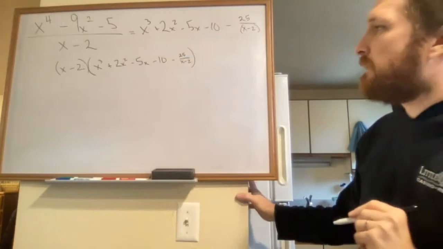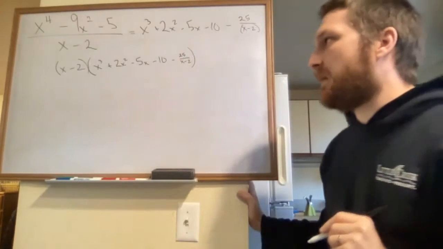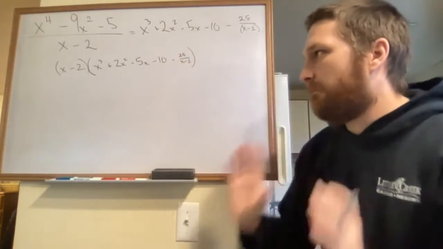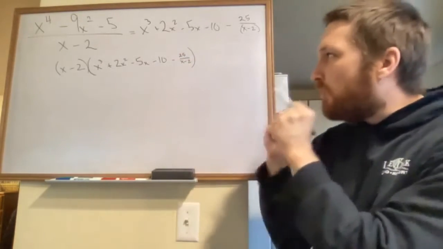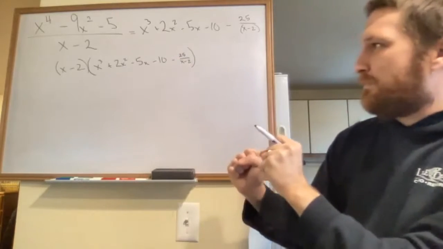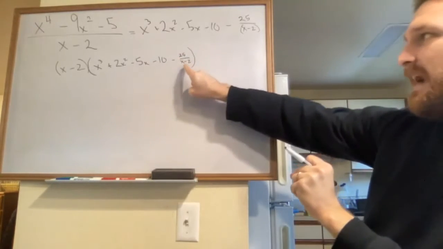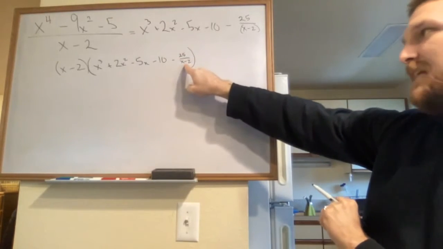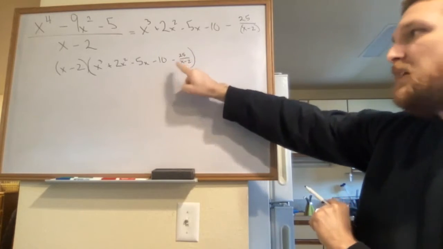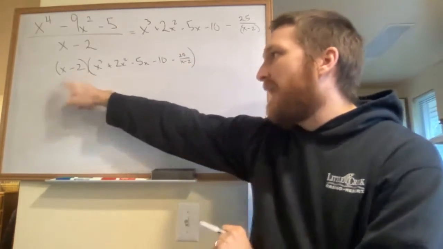Now, one thing to notice, and this is normally not how we do this, but you see that guy in the denominator right there? That's an x minus 2. He's going to get multiplied by that x minus 2.